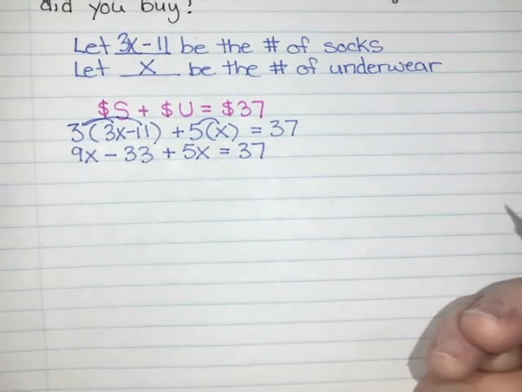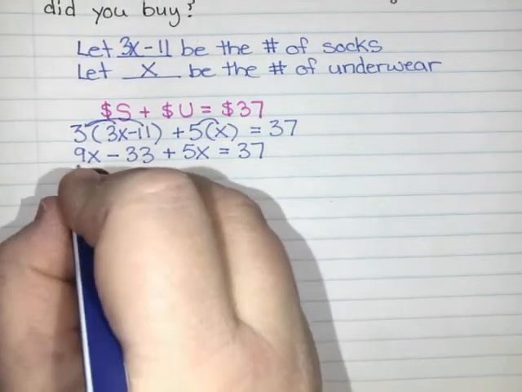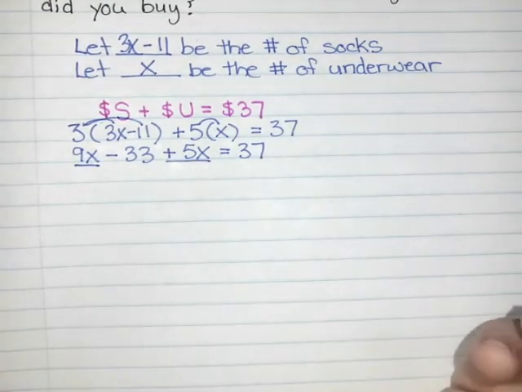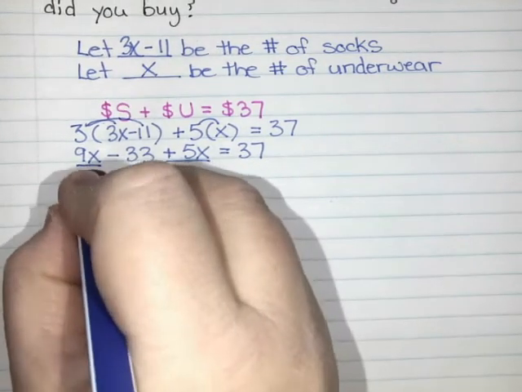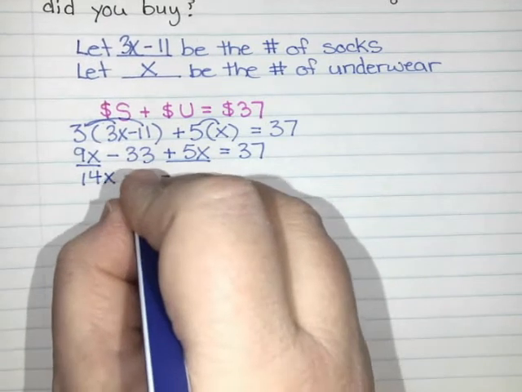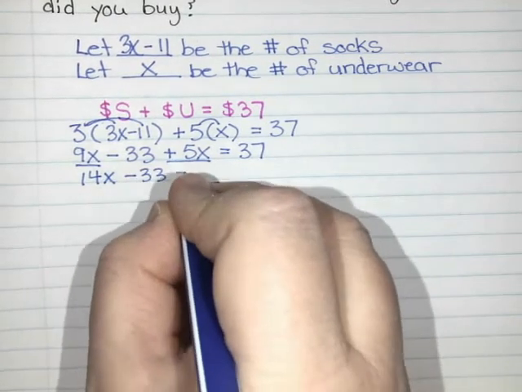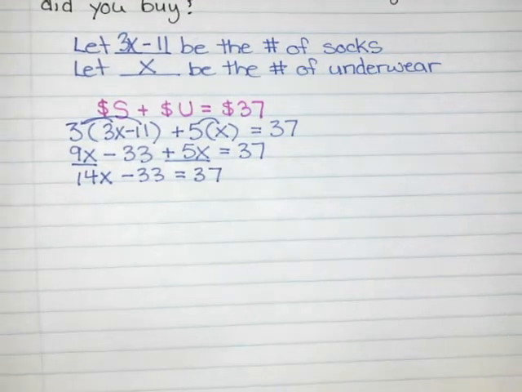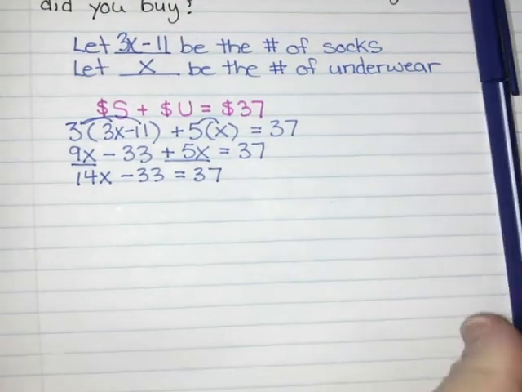From here, I notice that I have like terms. I have 9x plus 5x. I'm going to add those together to get 14x. I still have that minus 33, and that equals 37. From here, I'm going to solve.